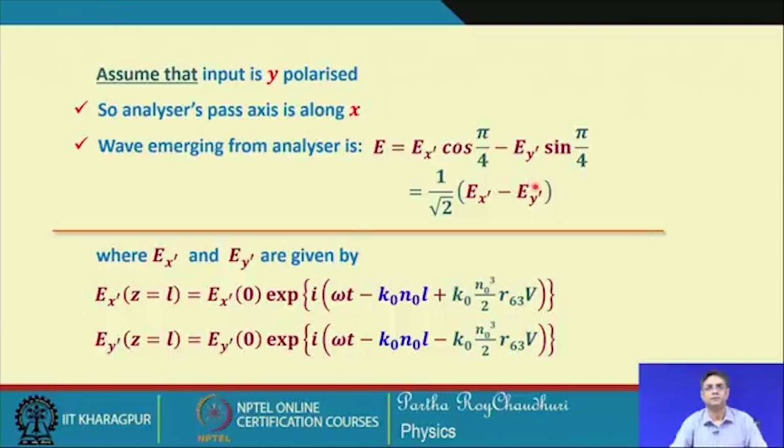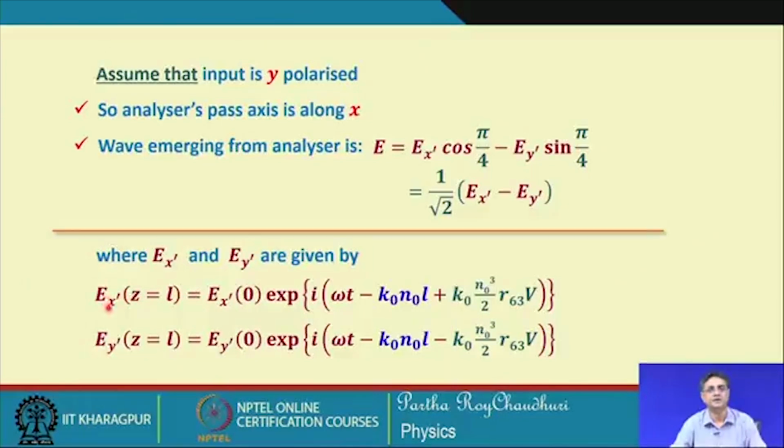Now, at z equal to 0, I have this input which is y polarized, and at z equal to L, I have this output immediately after the crystal. Then there is no electro-optic effect in the free space. So, whether I place the analyzer very close to the crystal or a little away from it, we will still consider the effective length z equal to L of the crystal.